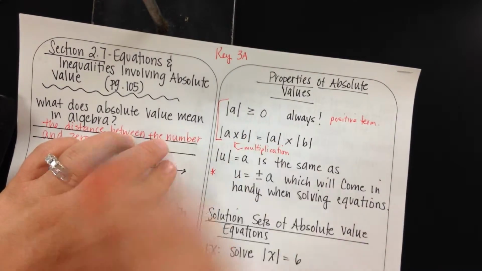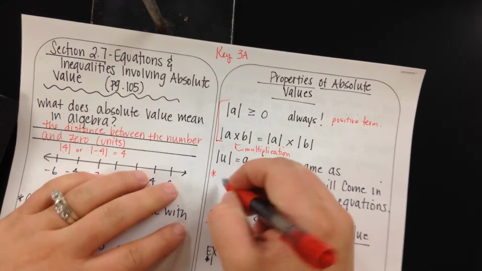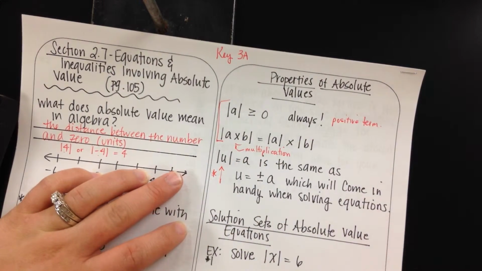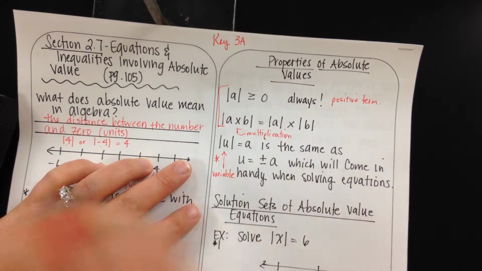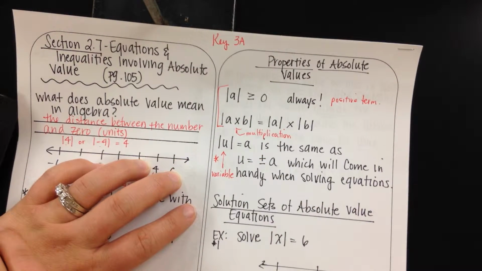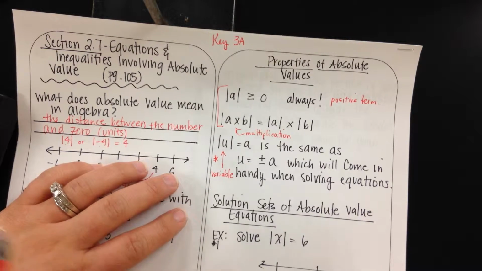This last one is where we're going to start putting variables in our absolute value. So make a note that this U is representing a variable. Now, your variable can be any letter. It can be X, it can be Y, it can be S, T, it can be any symbol pretty much.